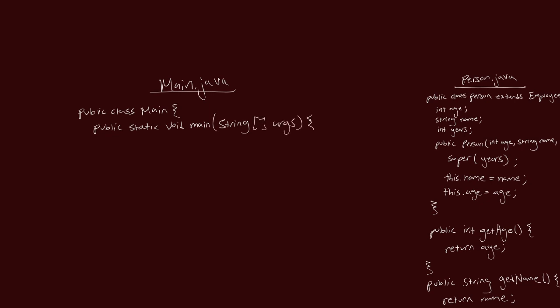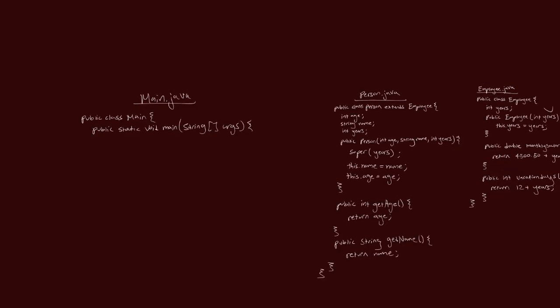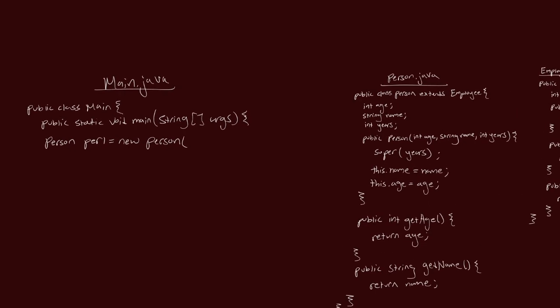What we're going to do is call this person's class. So we're going to do person per1 is equal to new person. And we're going to pass in their age. So this person is 32 years old, their name is Jennifer, and they've been working at this company for 9 years.